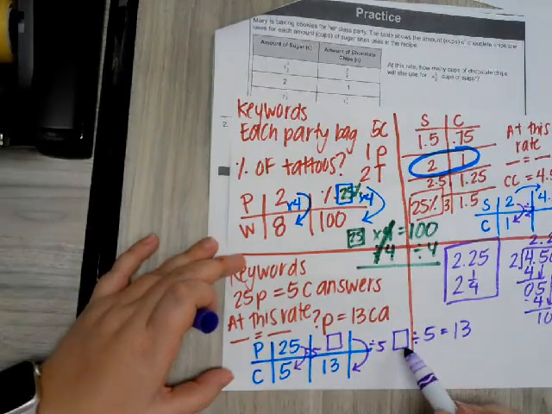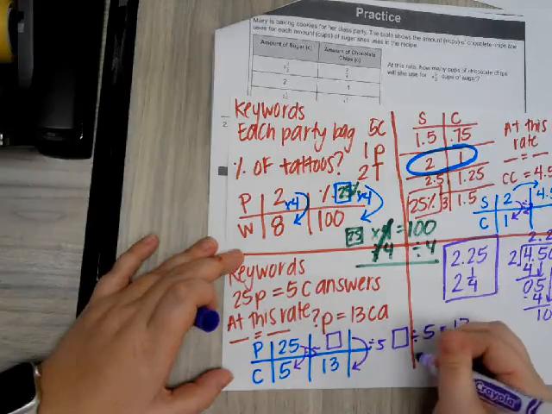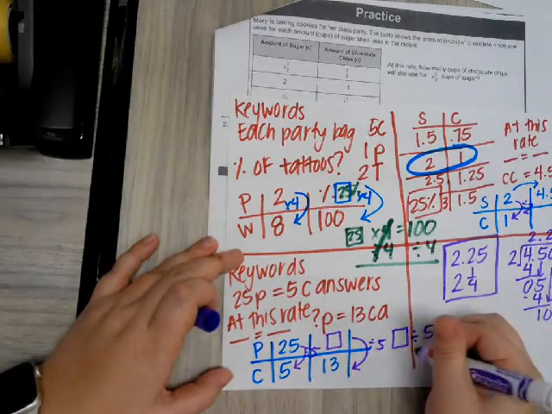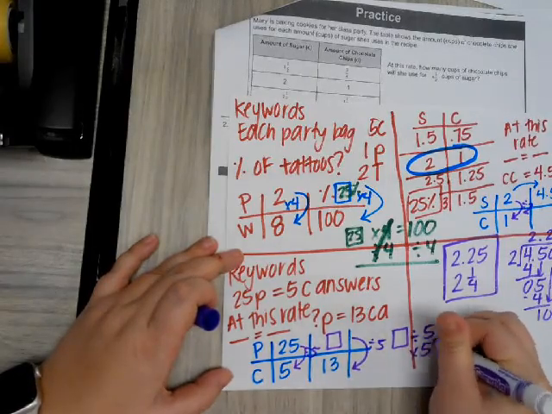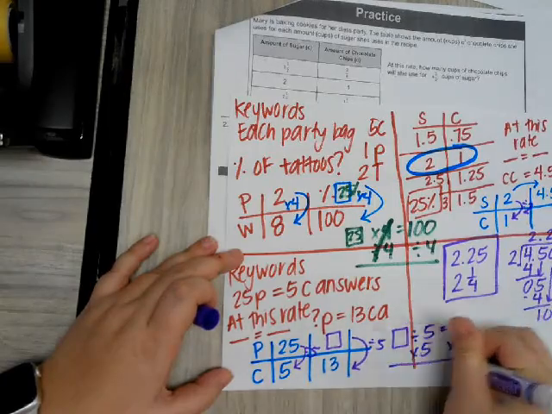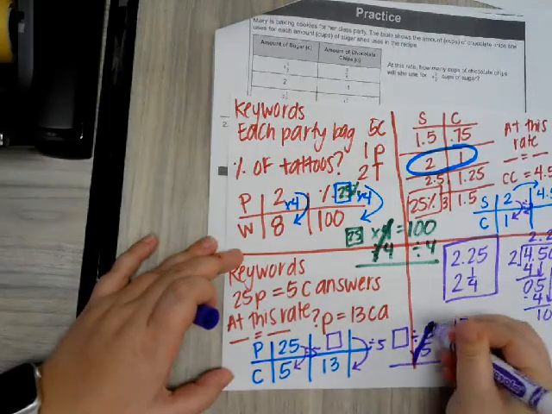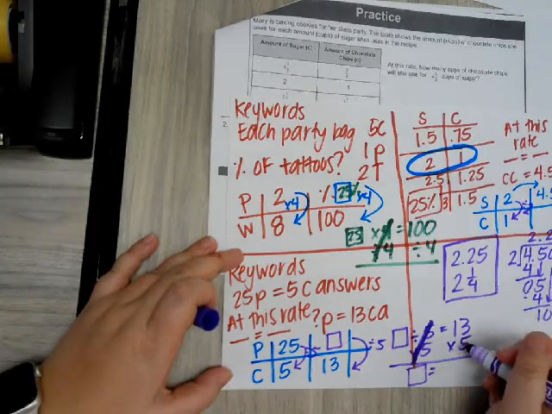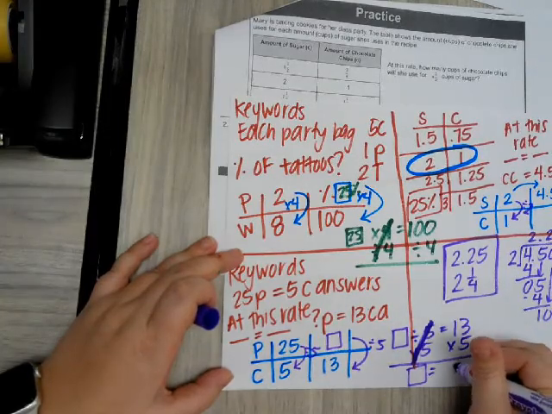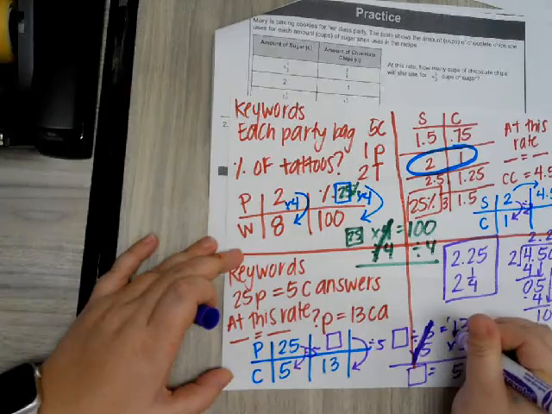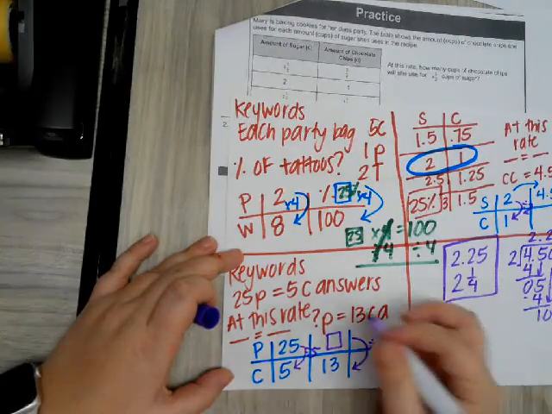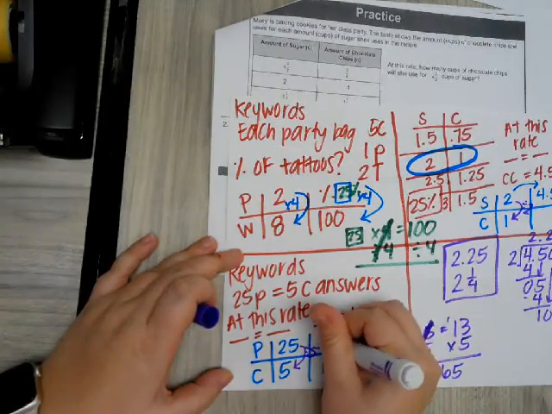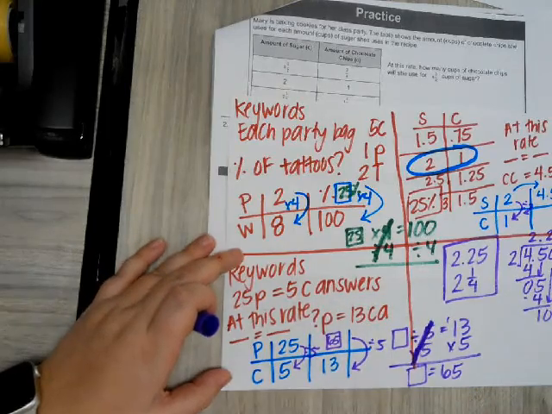So I have to do the inverse, the opposite. So I can multiply by 5, multiply by 5. Remember, my 5's cancel. So now I'm going to do 13 times 5. 5 times 3 is 15. Carry my 1. 5 times 1 is 5 plus 1 is 6. So it is 65 points for 13 correct answers.